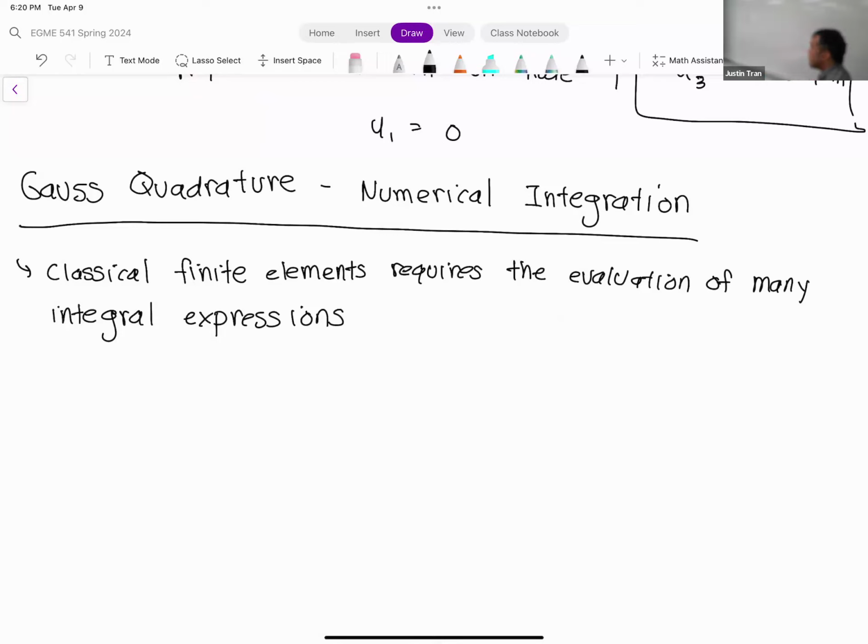And so what you can say in general is that in finite elements, you just have to evaluate a lot of integrals. That's just how it goes.